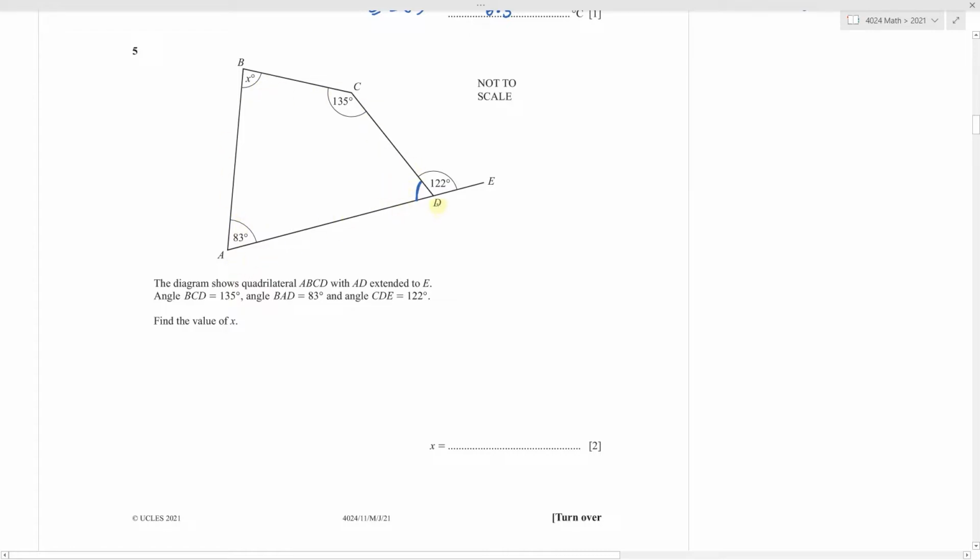So your angle ADC plus 122 will equal 180 degrees because this is a straight line. So ADC will be 180 minus 122, which is 58 degrees. So this is 58 degrees.